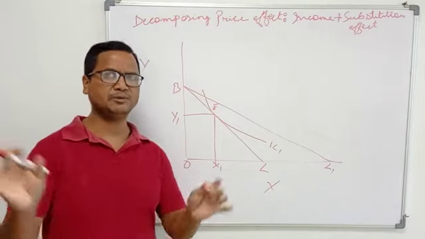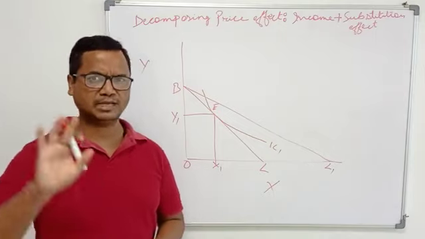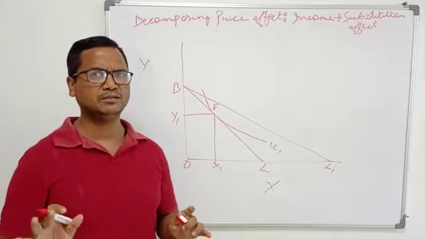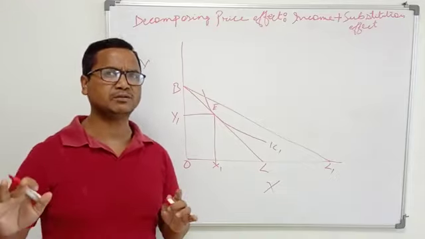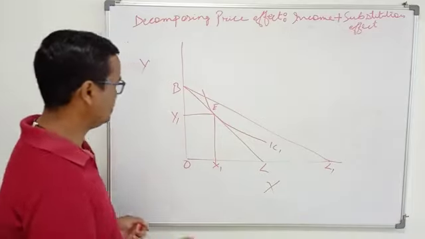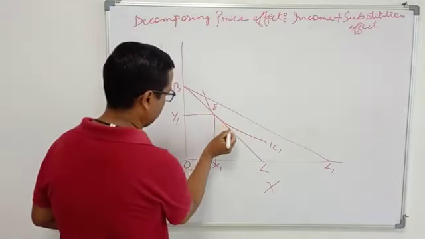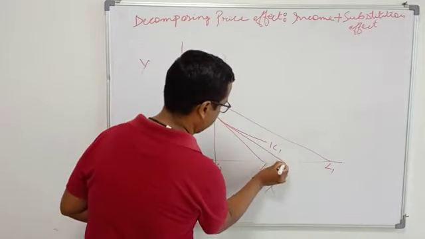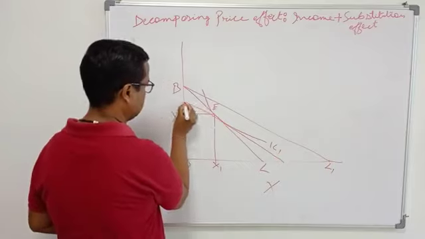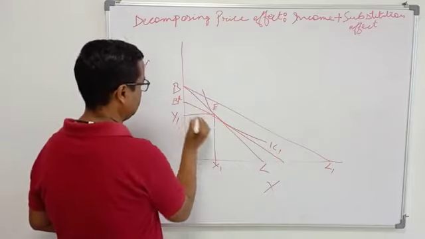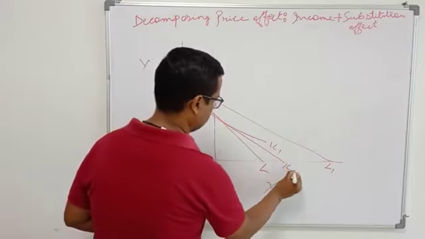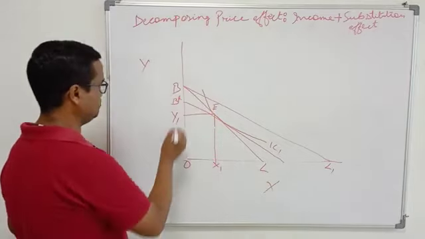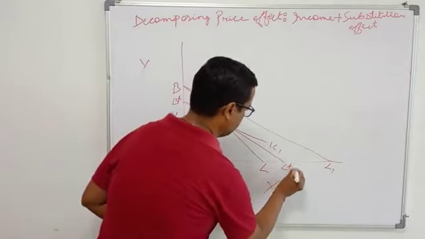The purpose of taking away the money is to nullify the impact of increasing real income, that means we want to keep the real income of the consumer constant. So we have to draw a new budget line that is tangent to the indifference curve IC1, and we give it the name B star L star.